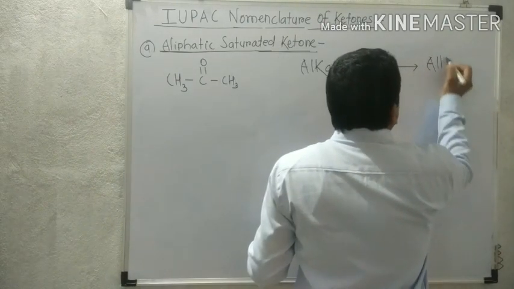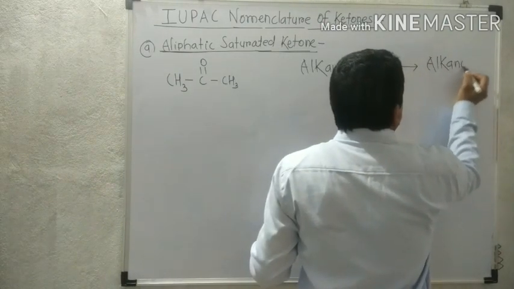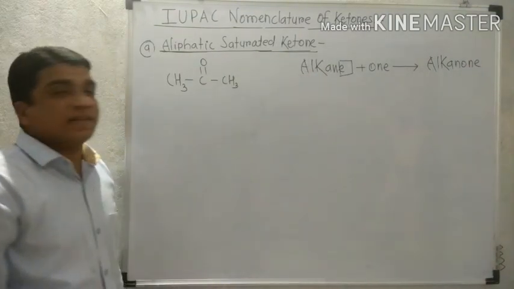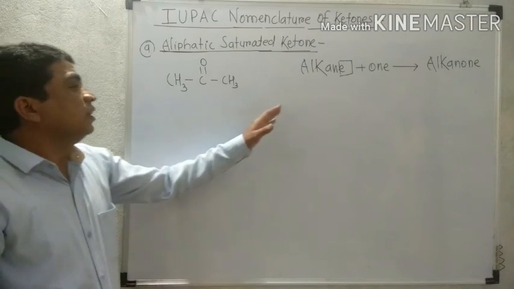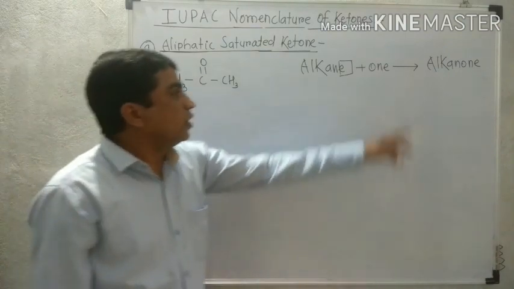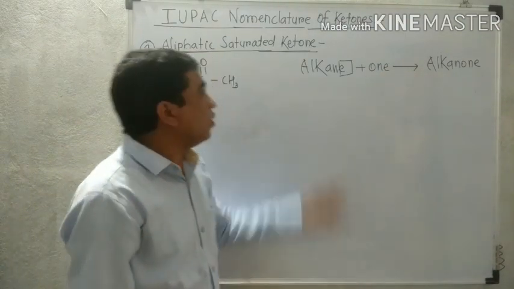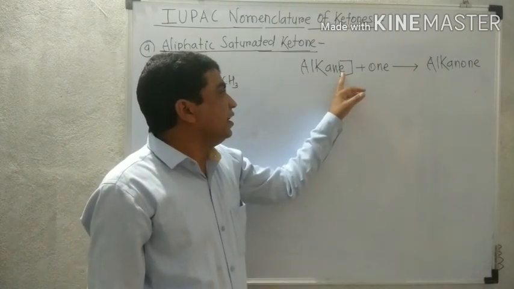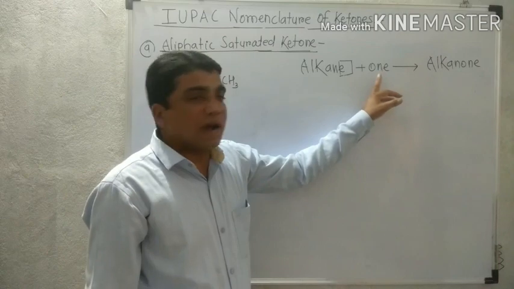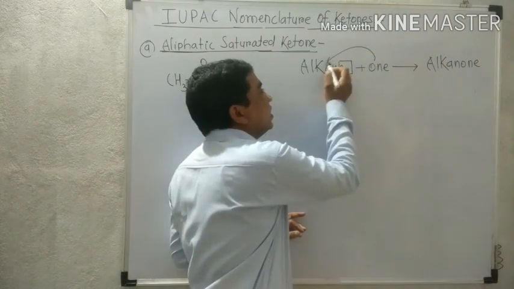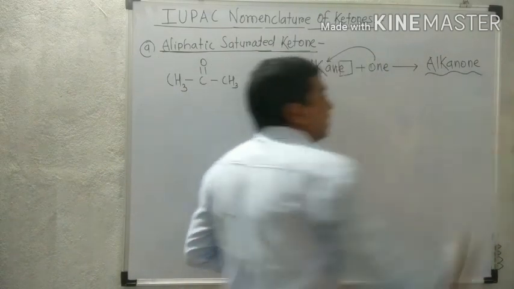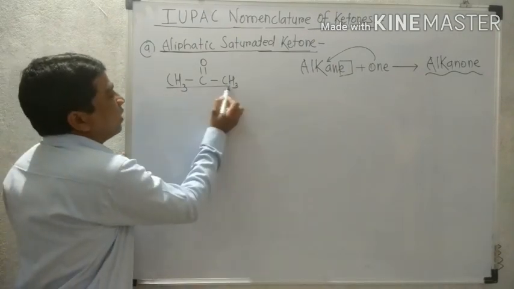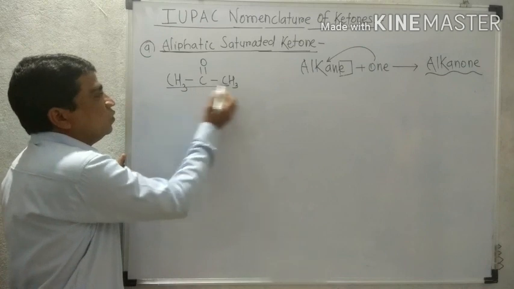Therefore, they are considered as the corresponding alkane. It means the IUPAC name of a ketone is obtained from the name of the corresponding alkane by replacing the ending E of the alkane by adding O and E. For example, in this type of structure, how many carbons are there? 3, 1, 2, 3.